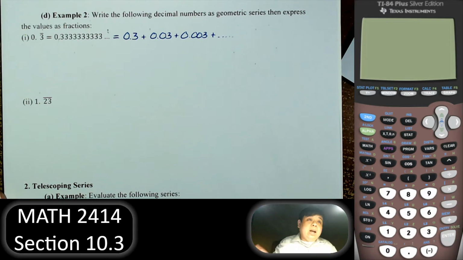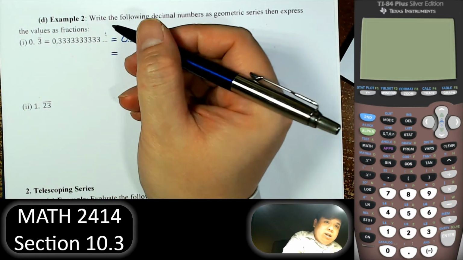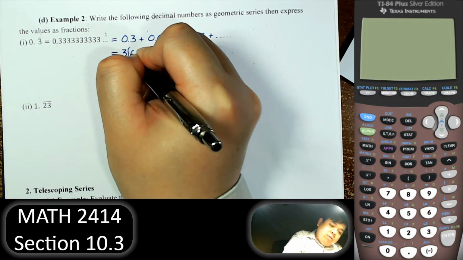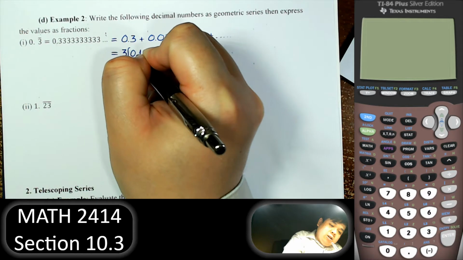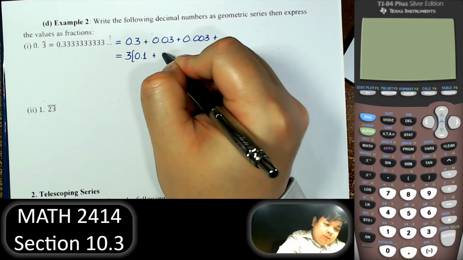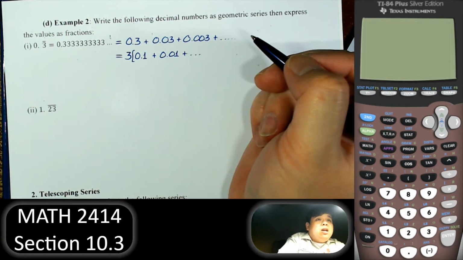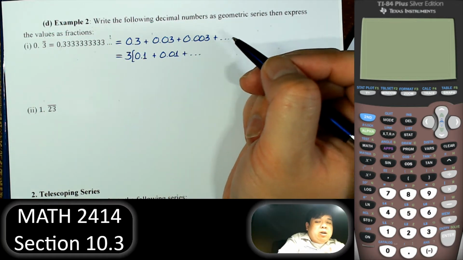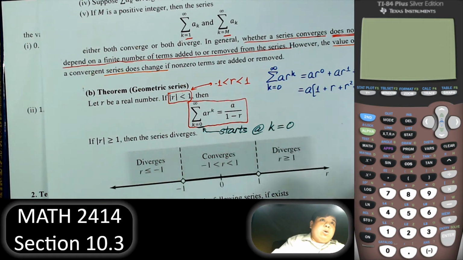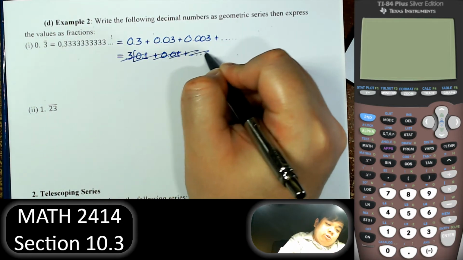Right? We can do the same thing here. If we factor out 3, we have 0.1. But that doesn't seem to work, right? Remember, in this series, it starts from 1. So we have to factor out something different. In this case, it doesn't really help.